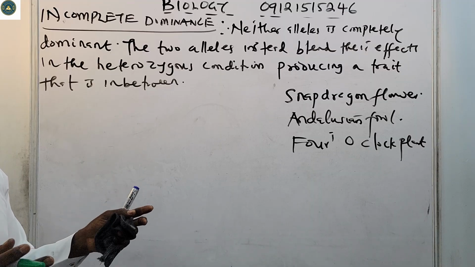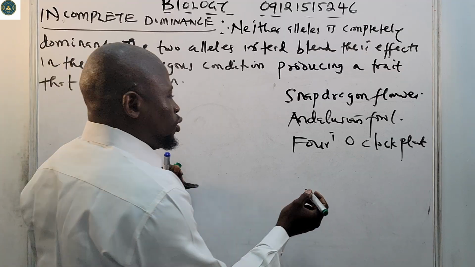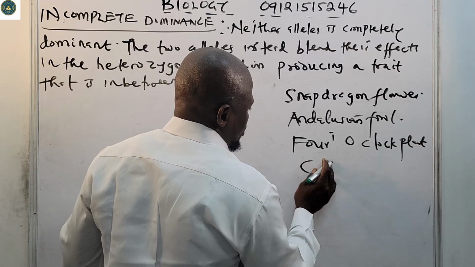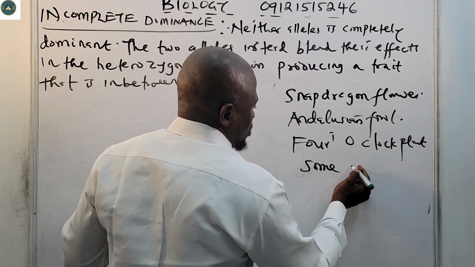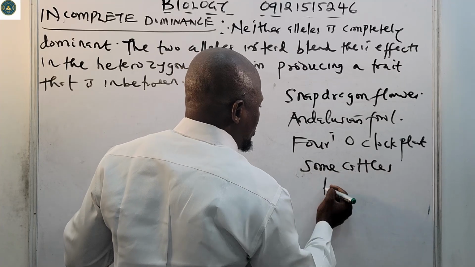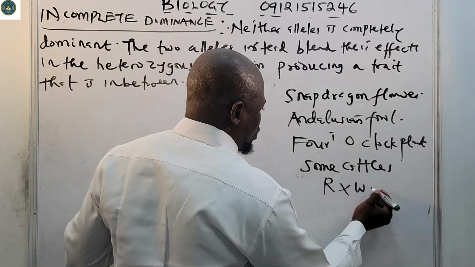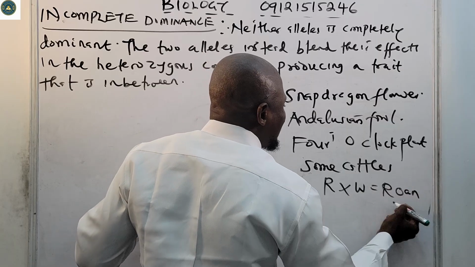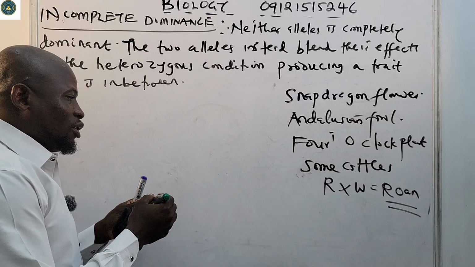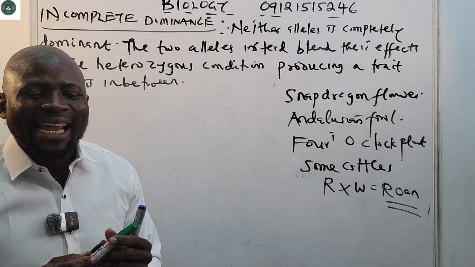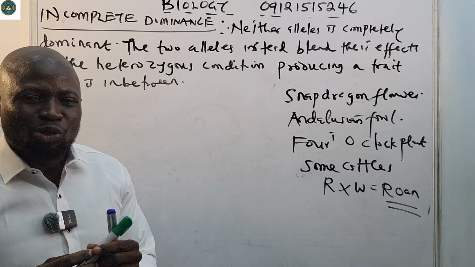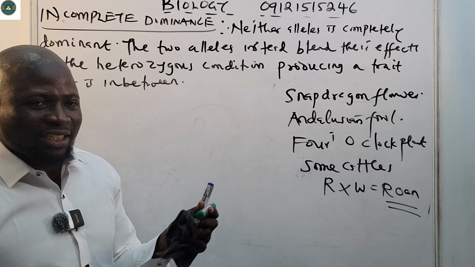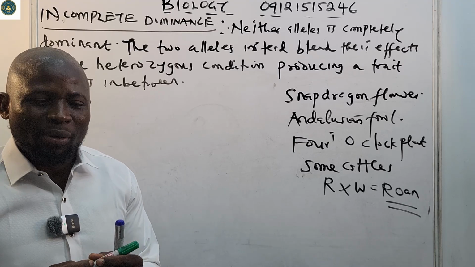Red and white cattle come together to form a new intermediate form called roan, R-O-A-N. So that's also an example of an organism that shows incomplete dominance.